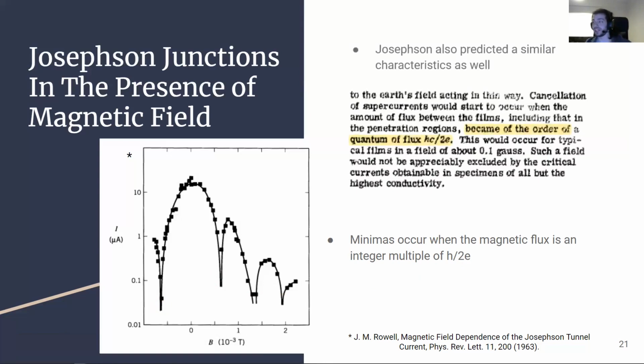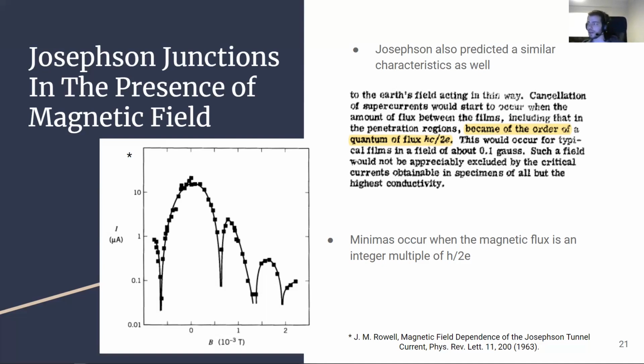Actually, Josephson in 1962 predicted similar characteristics as well. This is again where I took a piece from his article. He said that the cancellation of supercurrents would start to occur when the amount of flux between the films, including the penetration regions, what we call in London equations, became of the order of a quantum flux, nhc over 2e, where c here is a constant term.